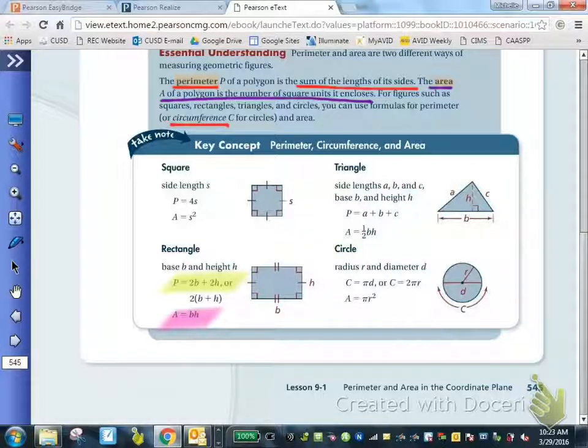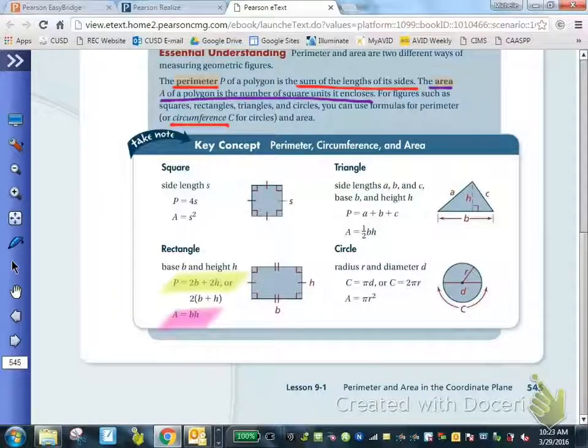A square is a special kind of rectangle. If my square has a side length of S, to find the perimeter, I would do S plus S plus S plus S, which is how many S's? 4.